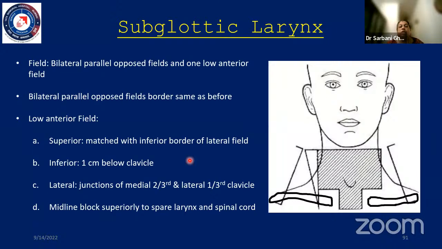In this, you could either use 2 anterior obliques or you could use bilateral off-cord fields. The bilateral off-cord fields are usually not sufficient for adequate disease coverage inferiorly, so it has to be titrated according to the lower extent of the disease.